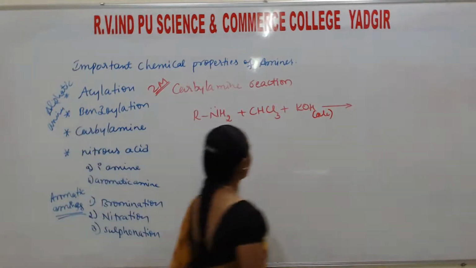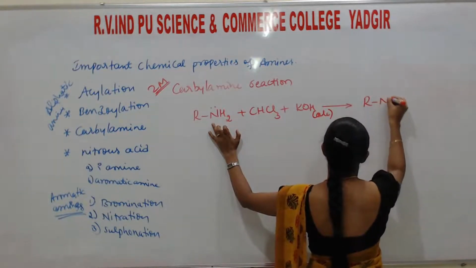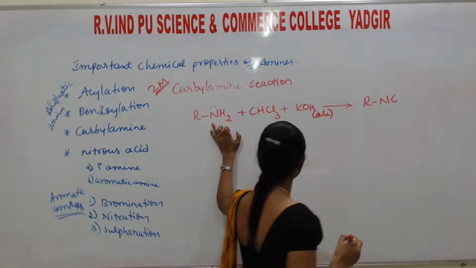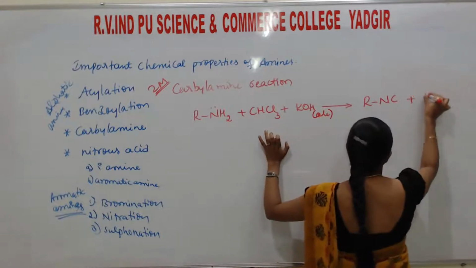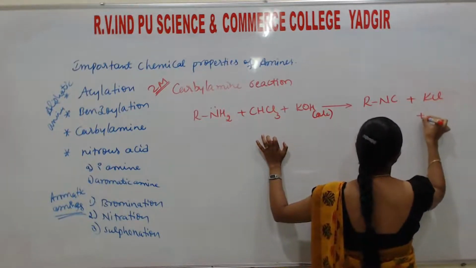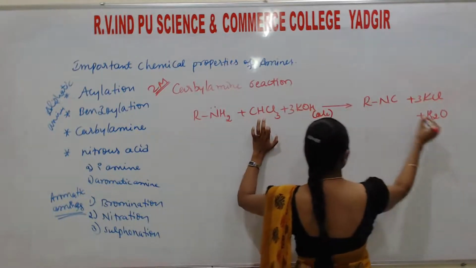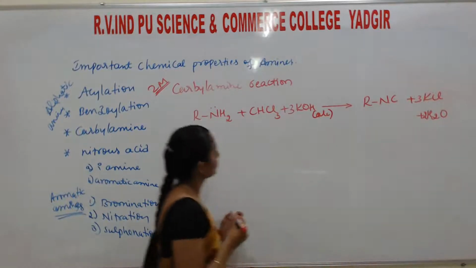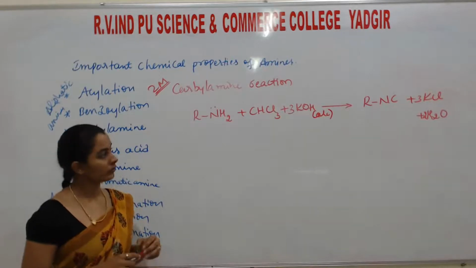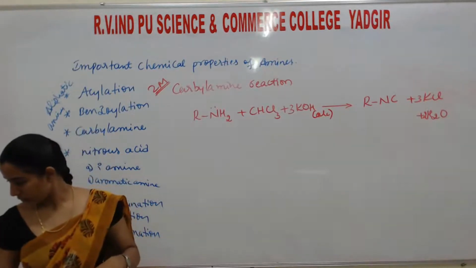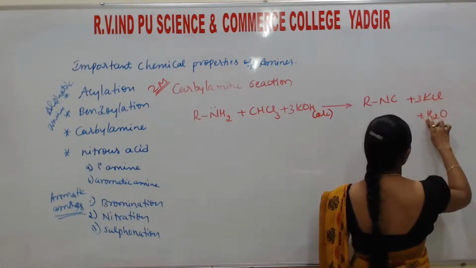then they form isocyanides, that is, RNC compounds, with 3KCl and 3H2O. This is 3KCl because 3 Cl atoms are there, and this is 3H2O.